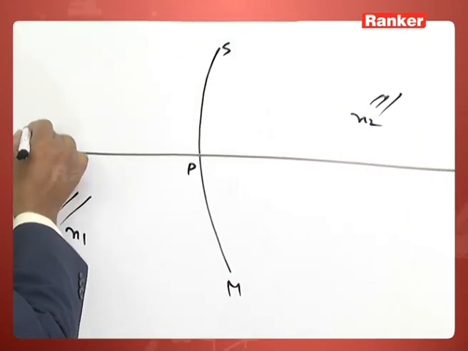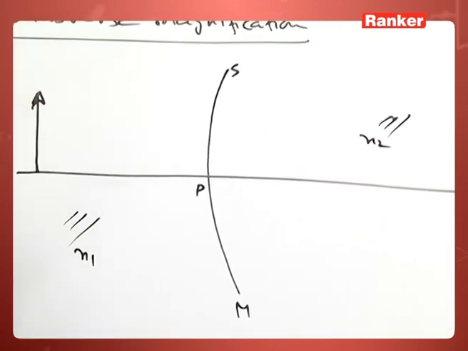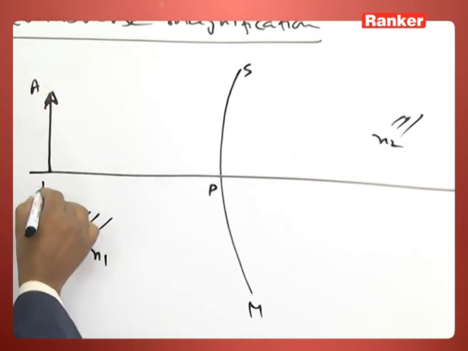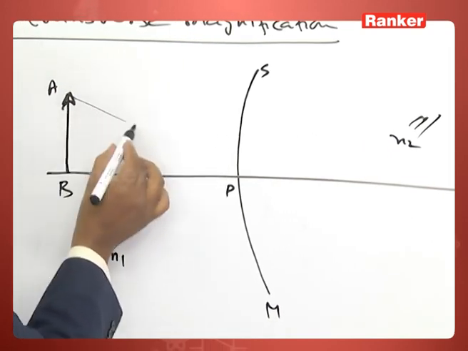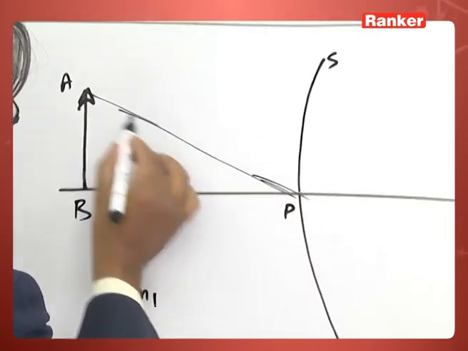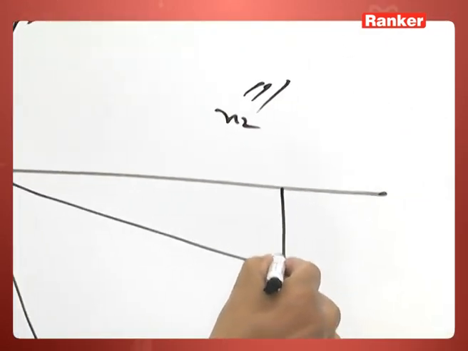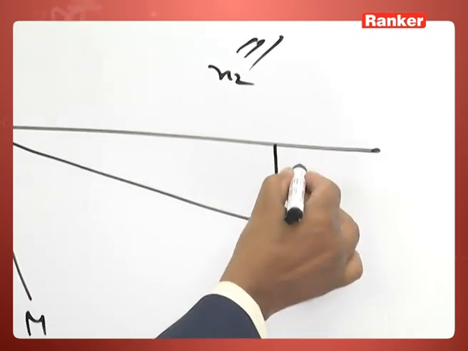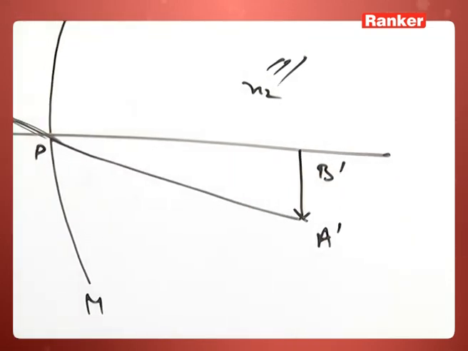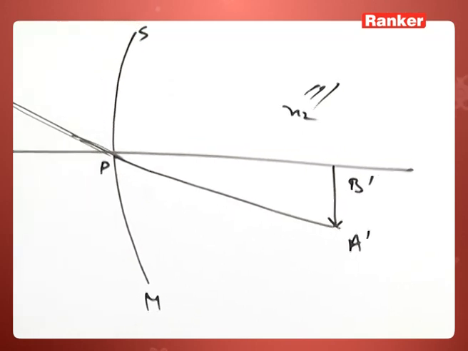Now, here we have an object AB. A ray here goes and bends, refracts, and you see that A dash B dash is its image formed.